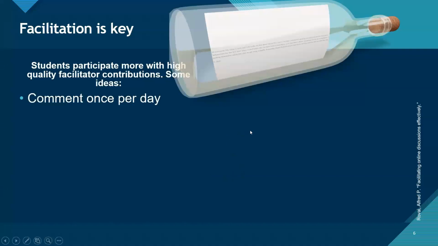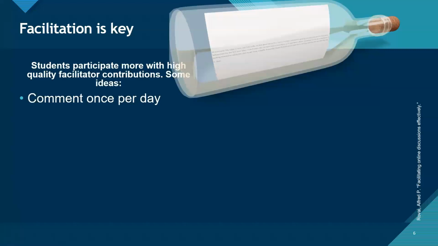So here are just some ideas, and I know that many instructors are teaching multiple courses, possibly multiple online courses, so I don't want to give you suggestions that are not feasible.